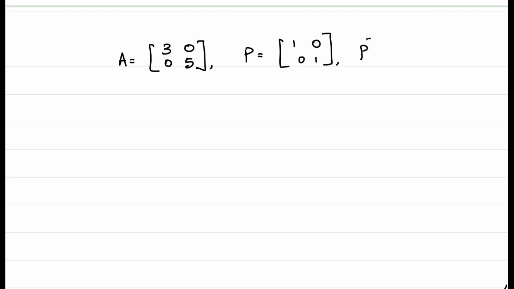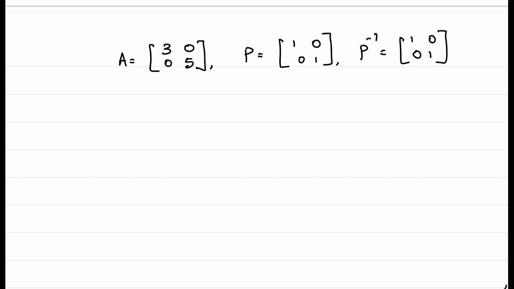the given matrix A is equal to [3 0; 0 5]. P is found out as [1 0; 0 1], so that P inverse is equal to [1 0; 0 1].